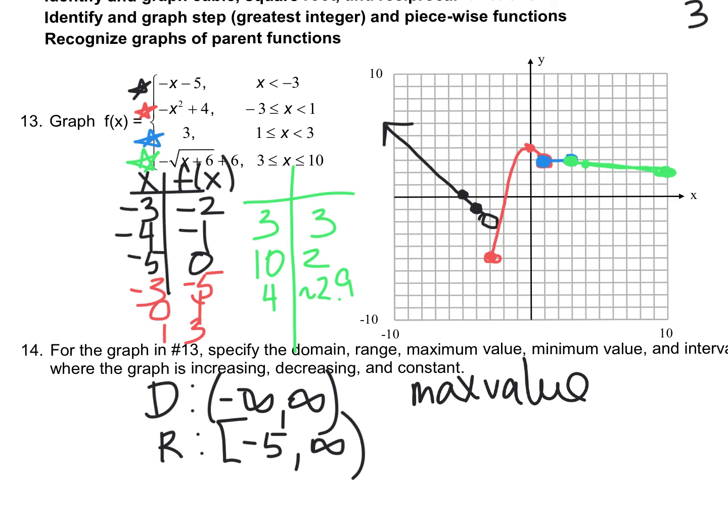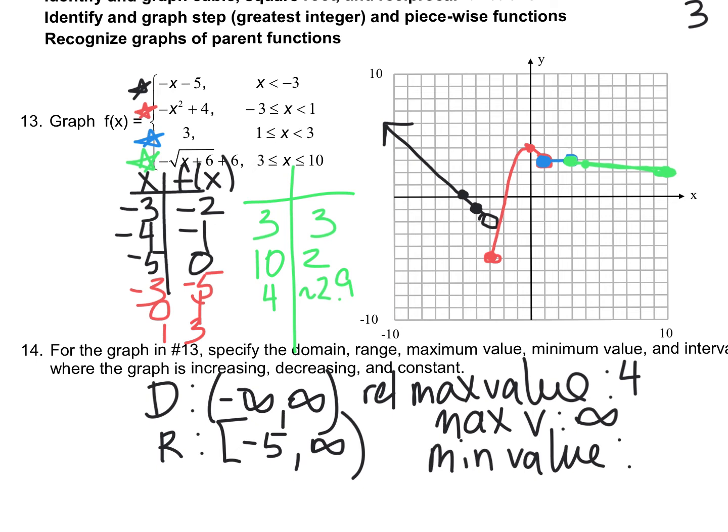I'm going to say the relative max value would be 4, but the actual max value would be infinity because we are going up to infinity. For the min value, we only have 1, it doesn't go down to negative infinity. It would be right here. It should stop at, what's that, negative 5.